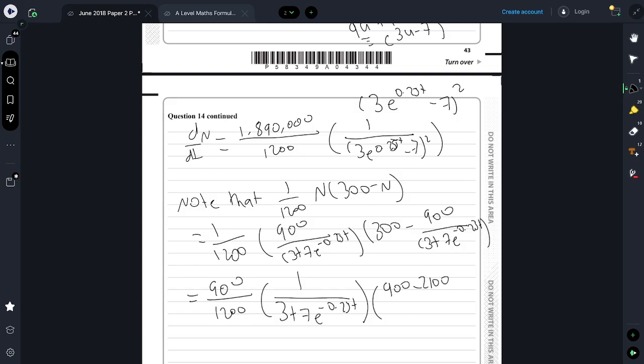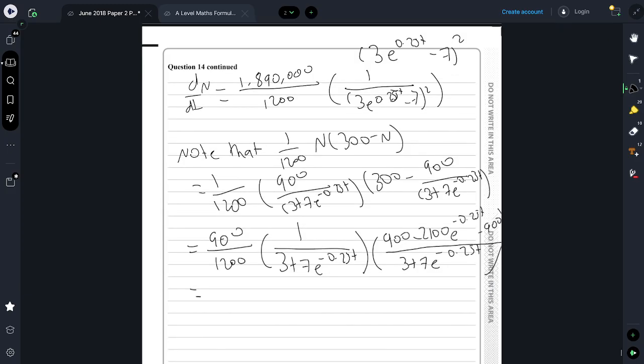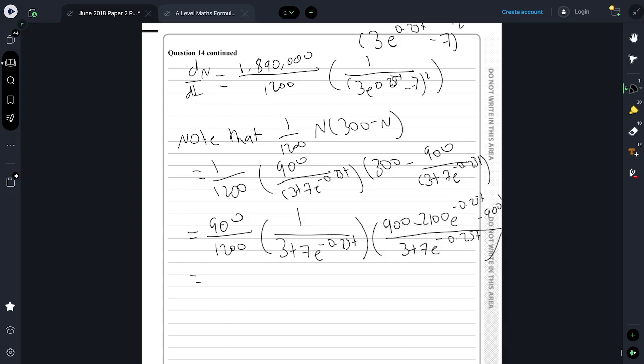Just need to double check that. e to the minus 0.25t, minus 900, over 3 plus 7e to the minus 0.25t. And that will go to 900 over 200. That'll be 3 over 4.